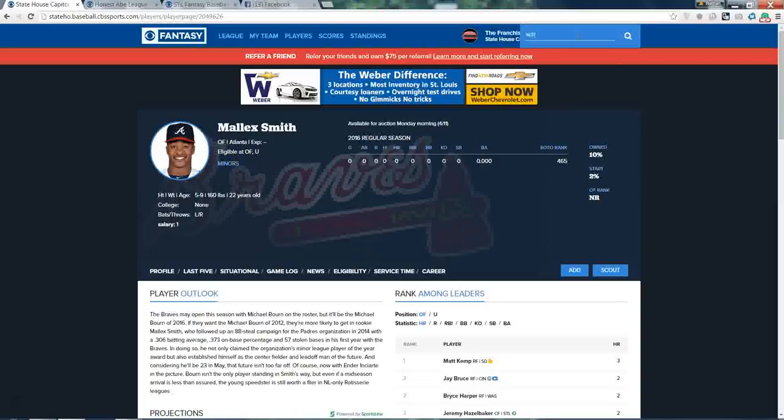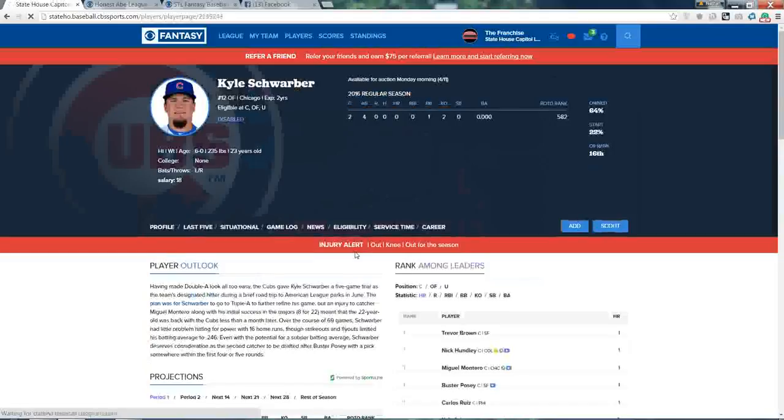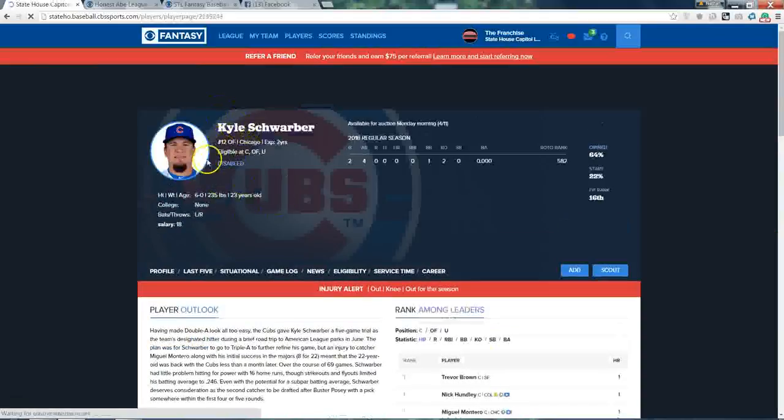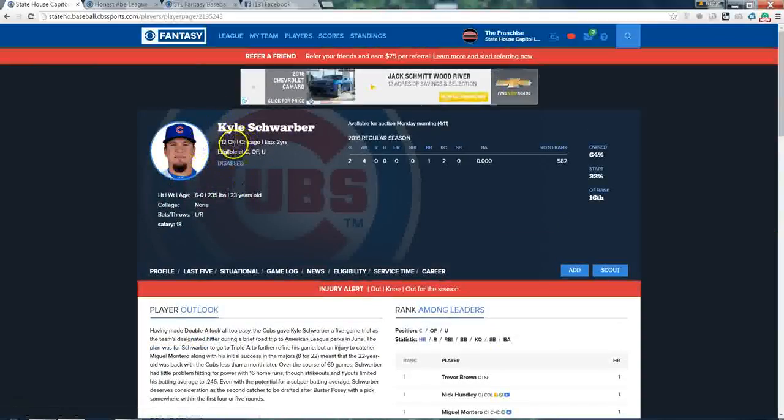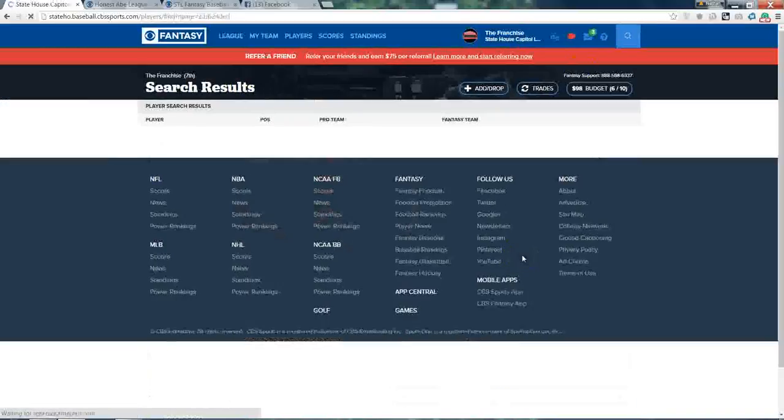Let's think of a guy that could possibly be on the DL. Oh, I think this guy's on the DL. Disabled, you cannot pick him up. Do not bid on him. It causes problems. The last one is suspended. Oops.